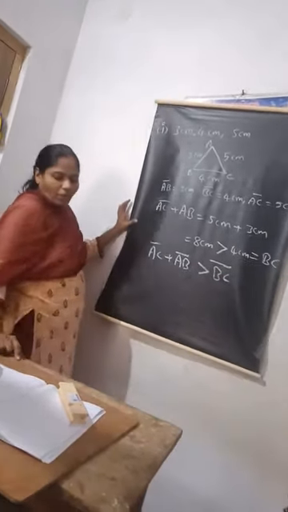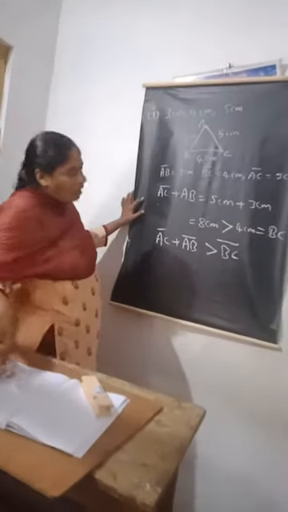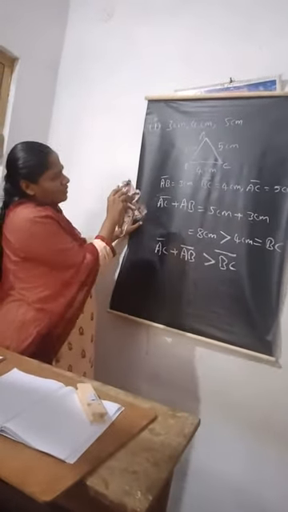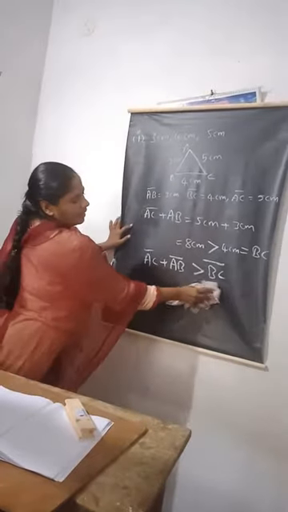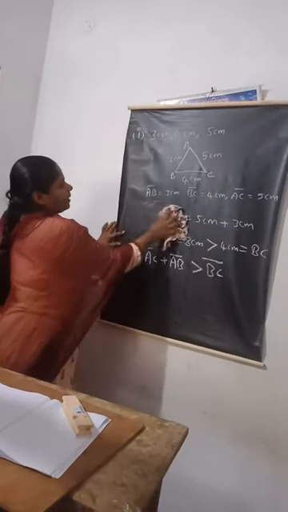What do you understand? The sum of any two sides of a triangle is always greater than the third side.